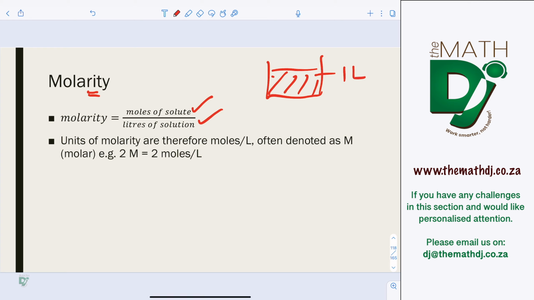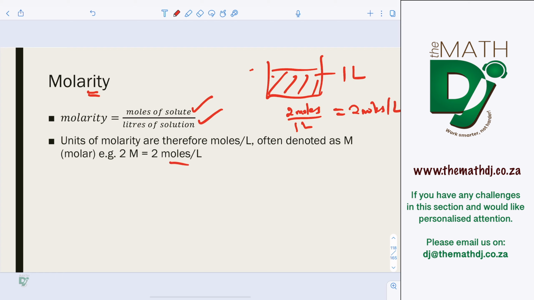Then you know that in this solution there are moles of a certain substance. When you know the number of moles of that solute, let's say there are 2 moles over 1 liter of the solution. So it becomes 2 moles per liter.